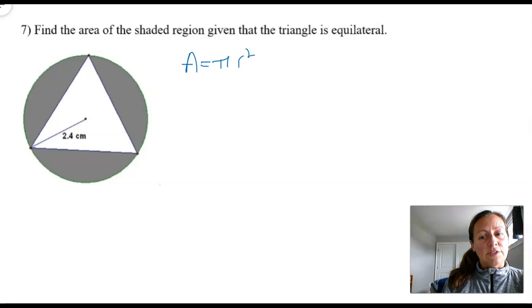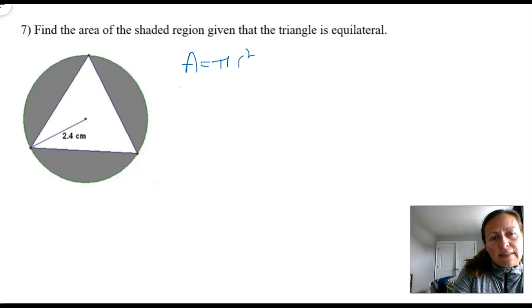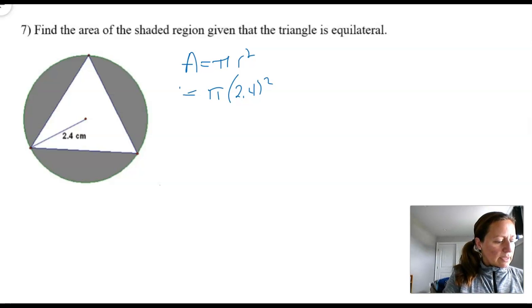So what's the radius of the circle? 2.4 centimeters. We could at least find that much. Pi times 2.4 squared. And I'm going to go to a calculator. 2.4 squared is 5.76.